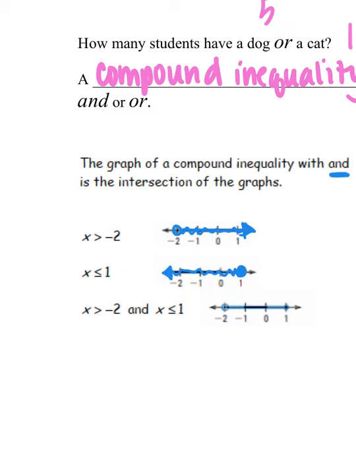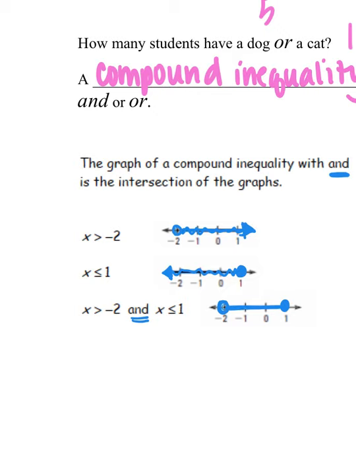So now it says x is greater than -2 and x is less than or equal to 1. Our compound inequality would look like this. It would combine both graphs. We would have the open circle at -2, a closed circle at 1, and we're talking about everything in between -2 and 1.